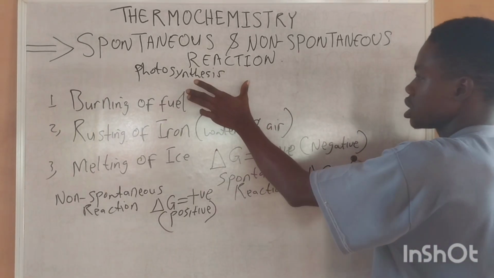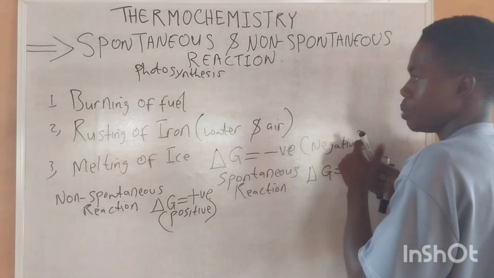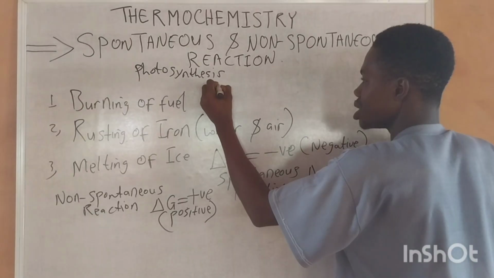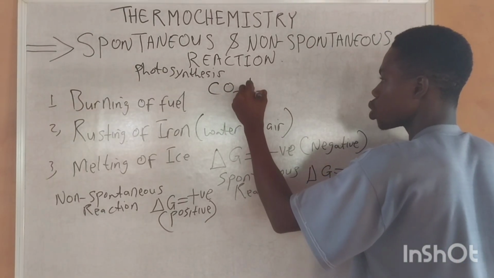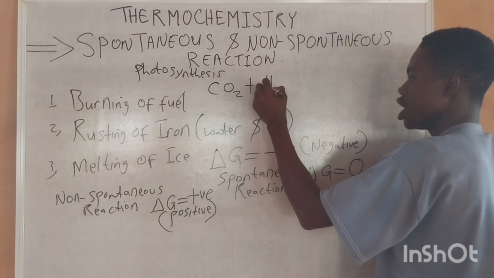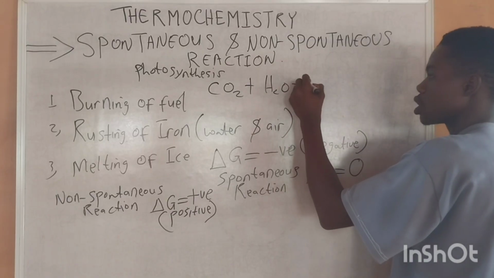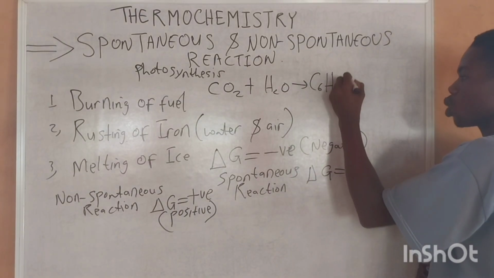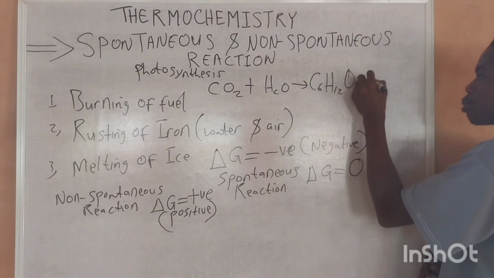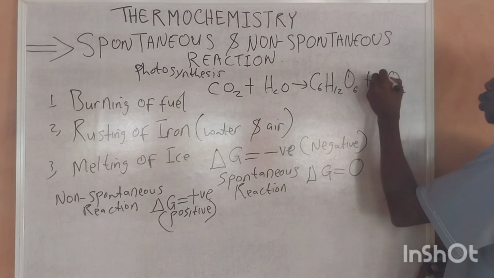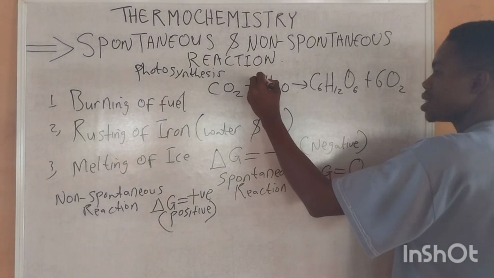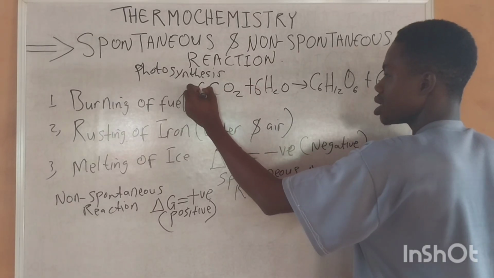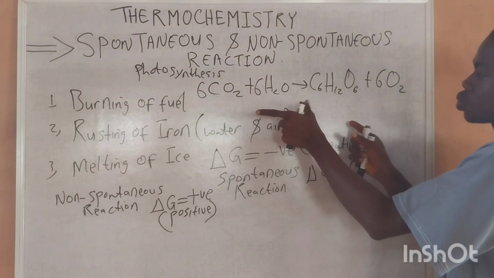Now let's write the equation for photosynthesis in plants, where we have 6CO2 plus 6H2O will give us C6H12O6 plus 6O2. Where we have 6 here, 6 here, and then 6.